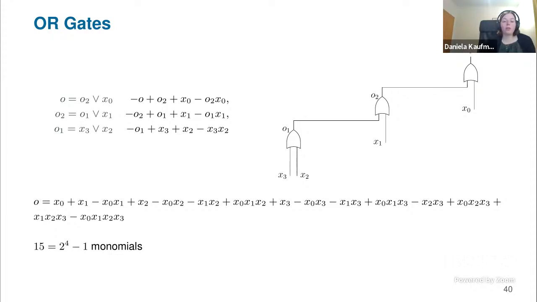So already for 3 OR gates, we derive a polynomial with 15 monomials. And in the example which I showed you before, we already have a sequence of 8 OR gates. So you can see the representation of the sequence of OR gates grows exponentially. So it's really bad for the computer algebra approach.